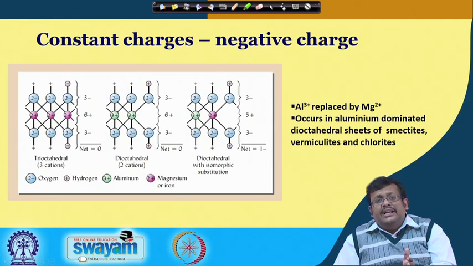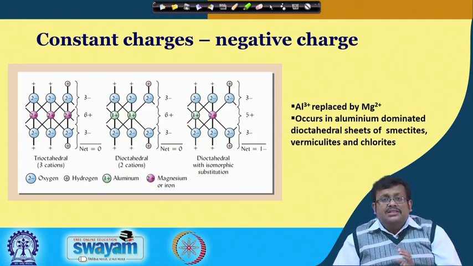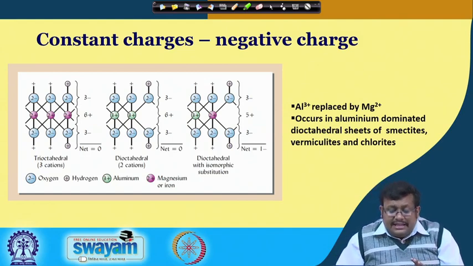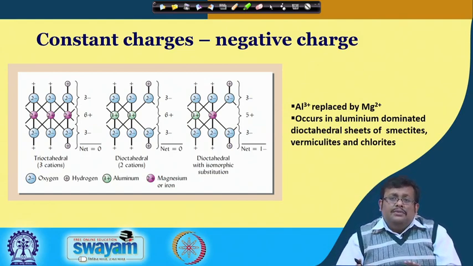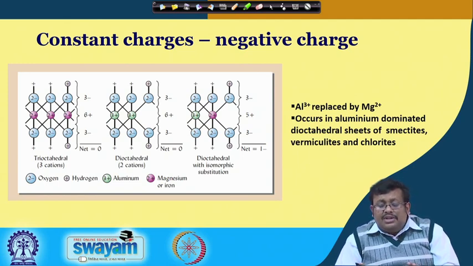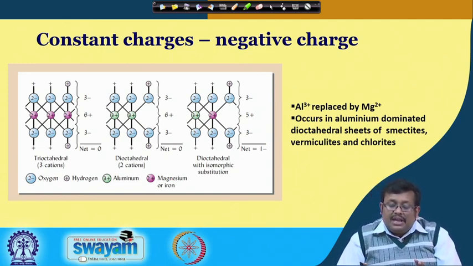I have discussed this diagram in our last lecture, so I am not going into details, but just to give you a brief idea, you can see aluminum 3 here is replaced by magnesium, and this occurs in aluminum dominated dioctahedral sheets of smectite, vermiculite and chlorite.